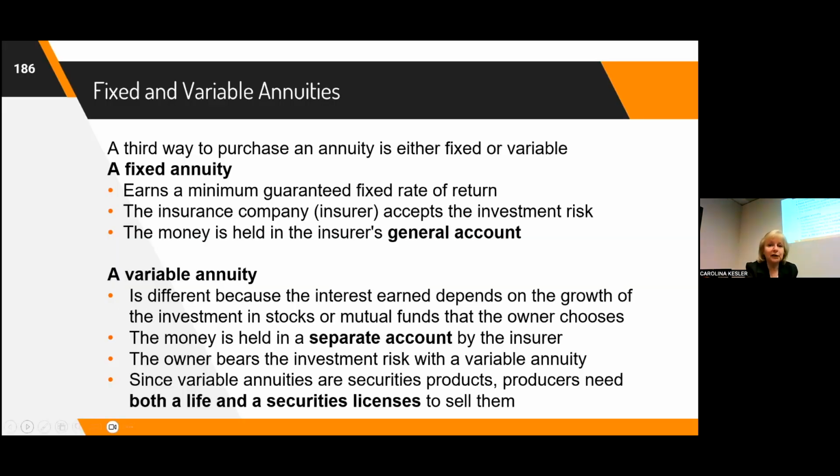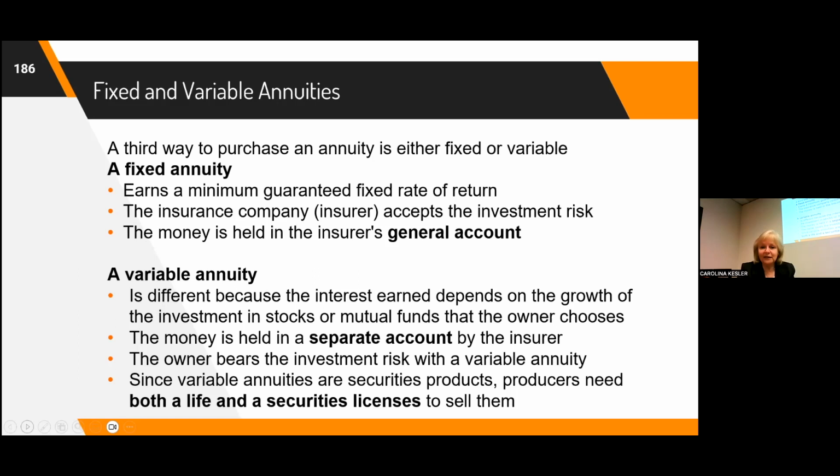The third way to purchase an annuity is either fixed or variable. Fixed earns a minimum guaranteed fixed rate of return. The insurance company, the insurer, accepts the investment risk. Fixed and general go together. The money is held in the insurer's general account in a fixed annuity. In a variable, it's held in a separate account, right?